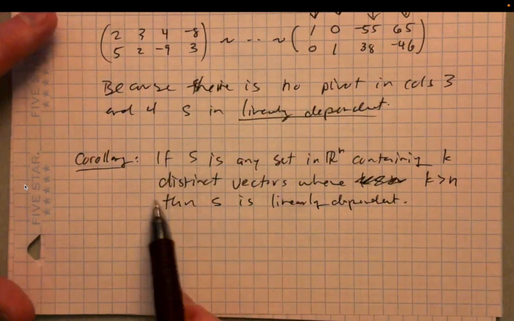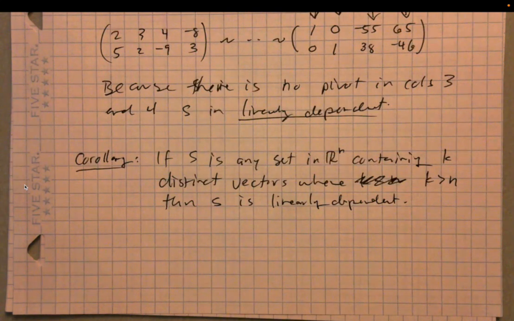Okay, so if S is any set in Rn containing k distinct vectors where k is a larger number than n, then S is linearly dependent.